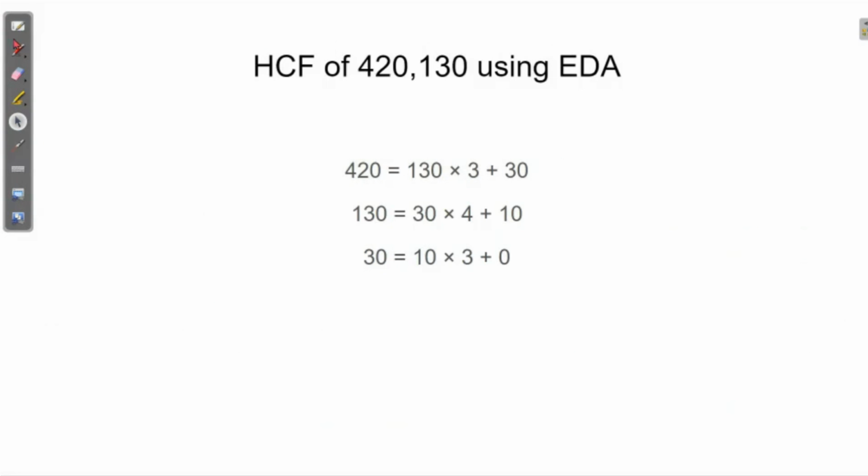See, this is the given number, 420 and 130. So I have taken C equal to 420 and D equal to 130. This will be my Q1 and then R1. Now R1 is not 0, so I will continue.